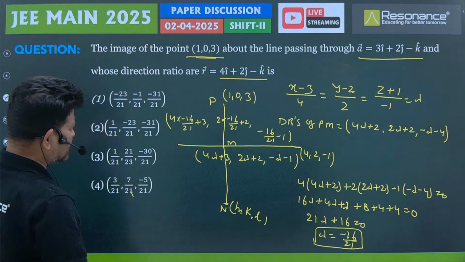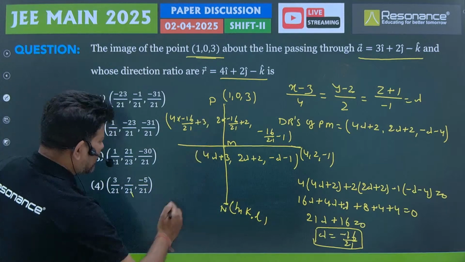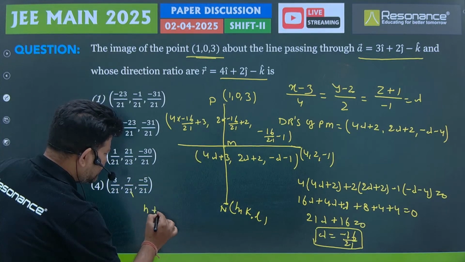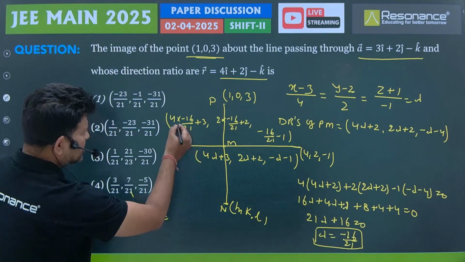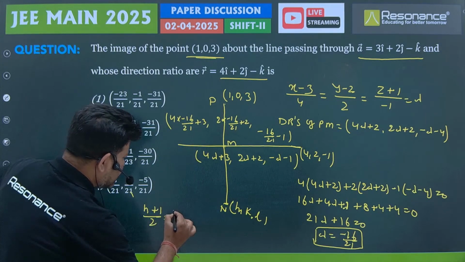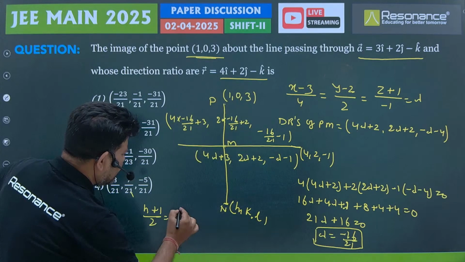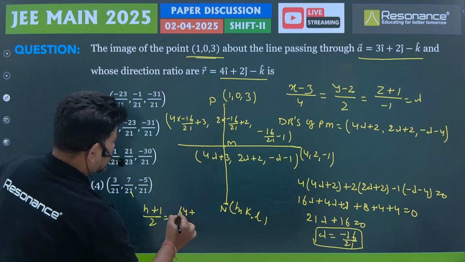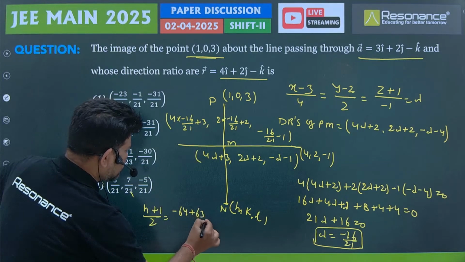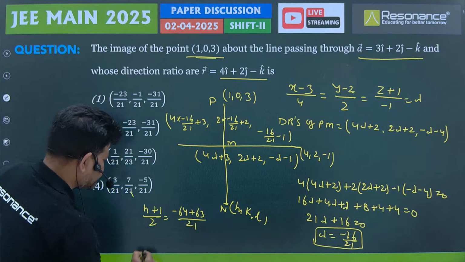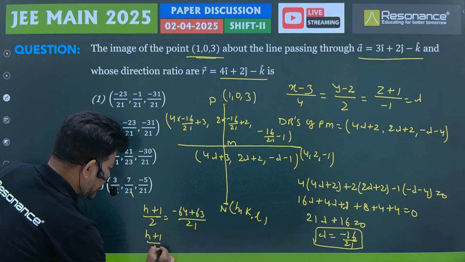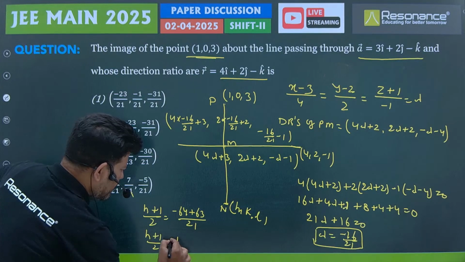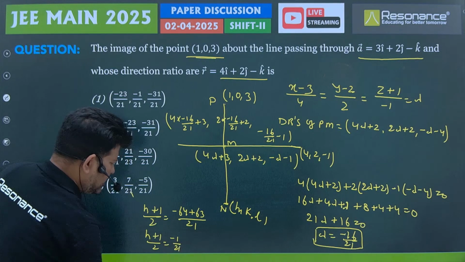So we can check the first one. What value will come here? h plus 1 by 2 is equal to 4 minus 64 plus 63 by 21. So h plus 1 by 2 is equal to minus 1 by 21.